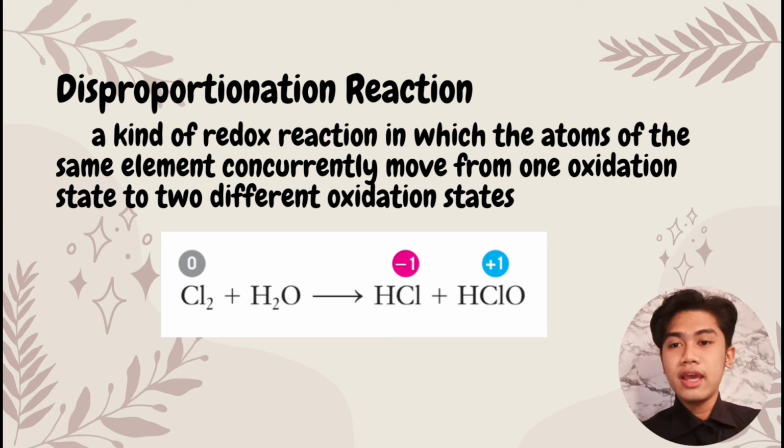In essence, a molecule with an intermediate oxidation state is split into two new compounds with higher and lower oxidation states. Thus, a species undergoes simultaneous reduction and oxidation to produce two distinct products.